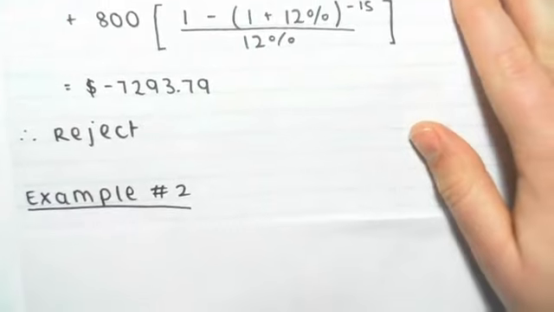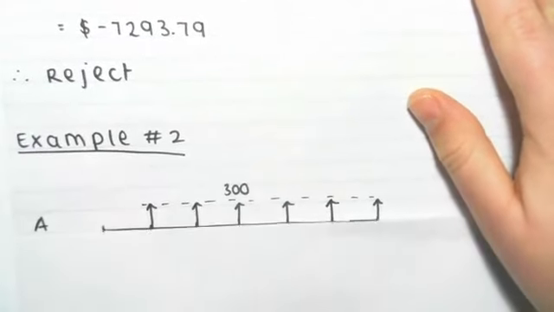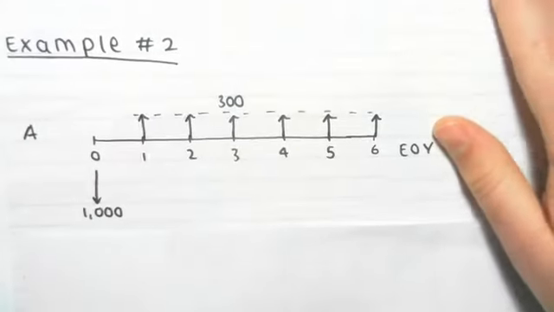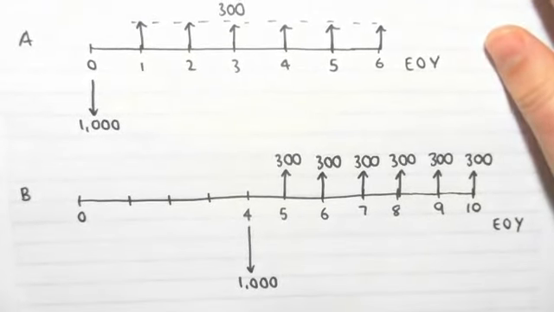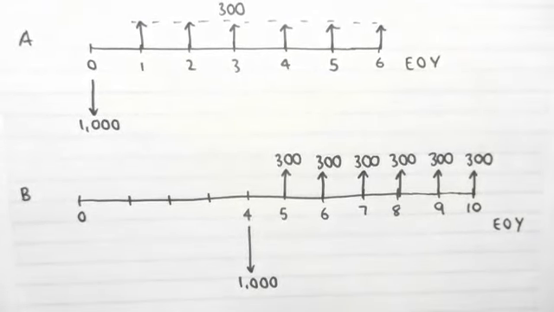So looking now at our second example, what we've got is 2 different projects. The thing that's different about this question is that they are the same projects. We've just deferred one 4 years. And so what we need to work out is whether it's worthwhile deferring it 4 years.